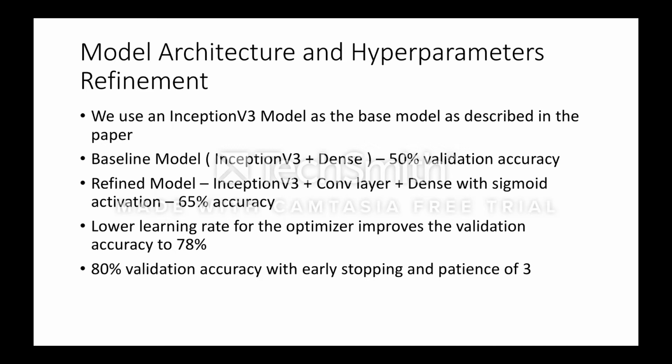Then I further tuned the hyperparameters, lowering the learning rate for the optimizer, which improved the validation accuracy to 78%, and adding early stopping with a patience of 3 increased the validation accuracy to 80%.